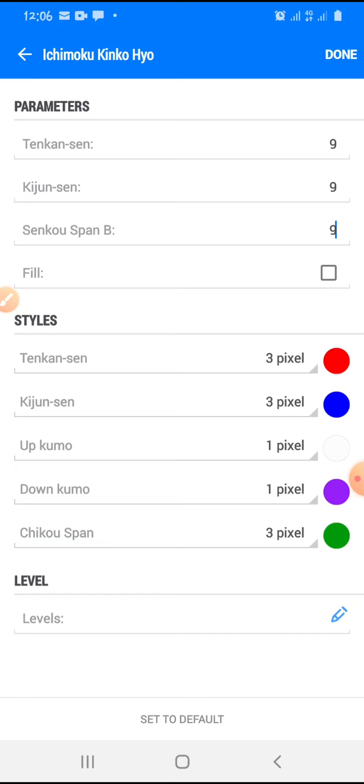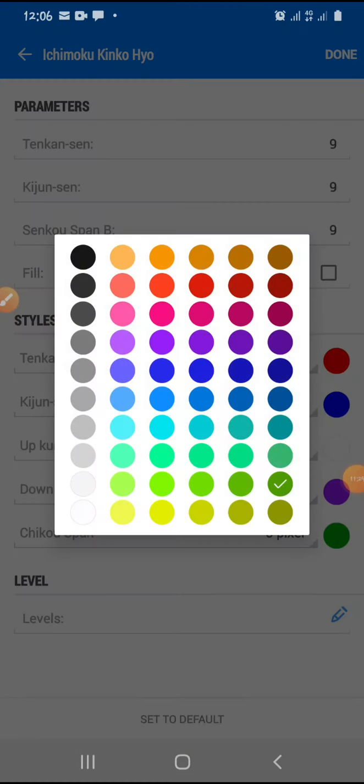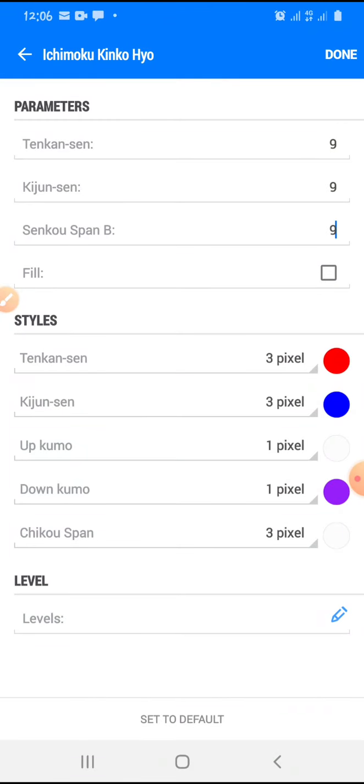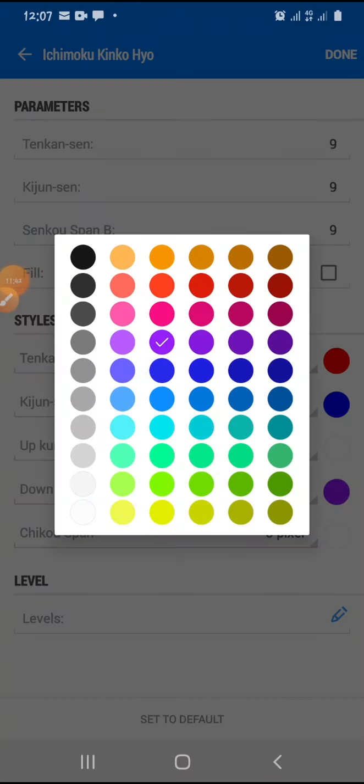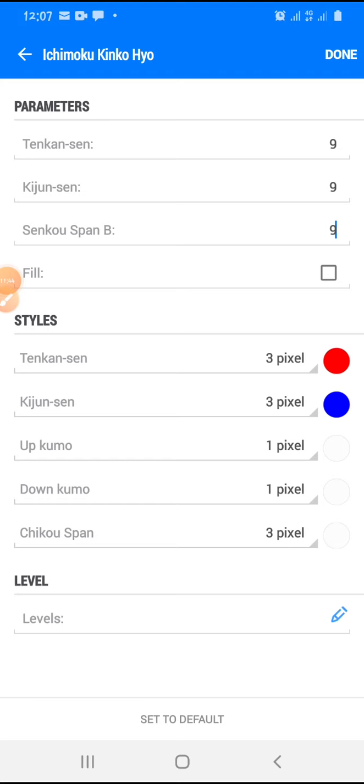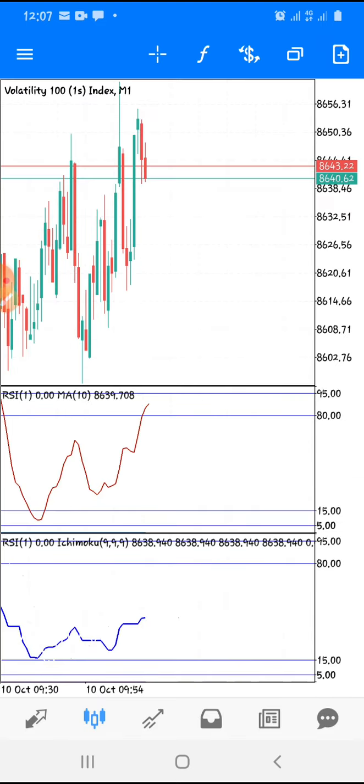The only way to deselect them is to make the color white. We are making the color white so that they are invisible on the chart, because once they are visible they will disturb us. So you will leave your chart like this, then you click done.